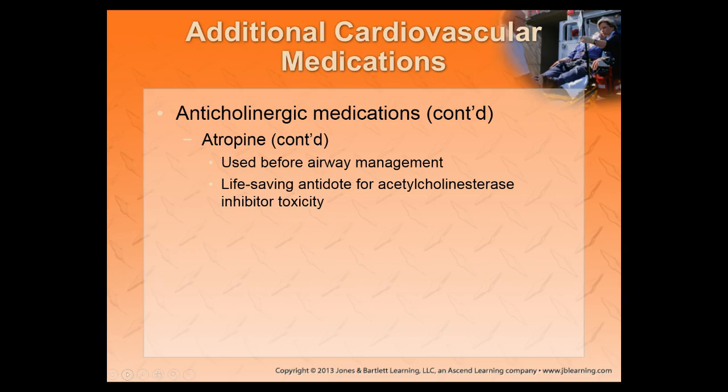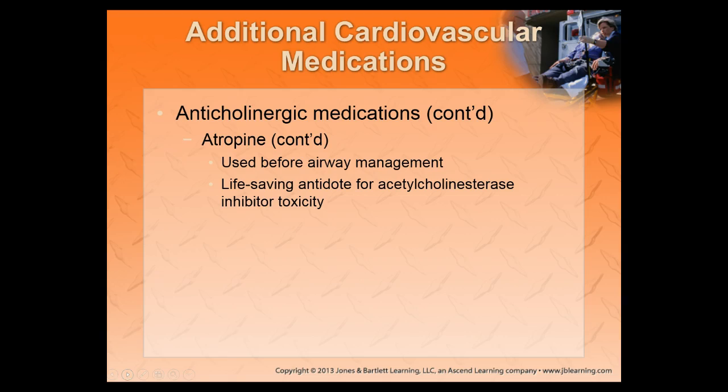Also, another thing that we use atropine for is that it can be a life-saving antidote for acetylcholinesterase inhibitor toxicity. Here I mentioned in at least one of the classrooms Sevin, which is a powder form insecticide for aphids. And it's an extraordinary, what's called an organophosphate.